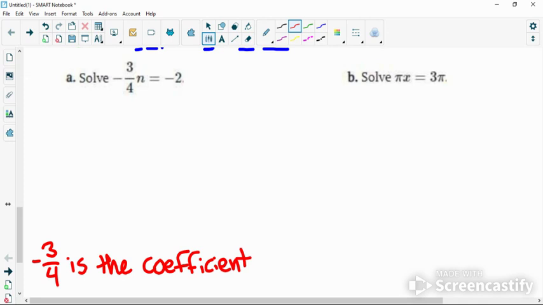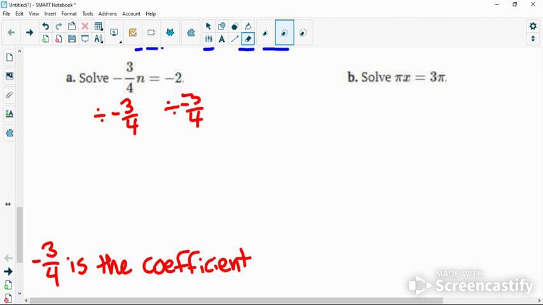Now, they're being multiplied together. When we multiply, the opposite would be to divide. So say I divide each side by this fraction. We're going to erase something in a second, so hold on. When we divide by fractions, we have a small technique that we use where we don't actually divide.